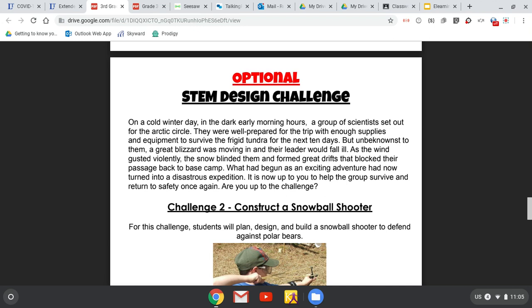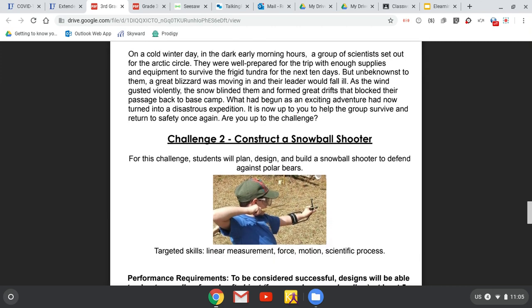As the wind gusted violently, the snow blinded them and formed great drifts that blocked their passage back to base camp. What had begun as an exciting adventure had now turned into a disastrous expedition. It is now up to you to help the group survive and return to safety once again. Are you up to the challenge?